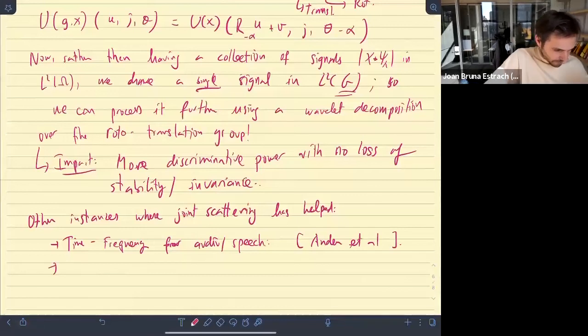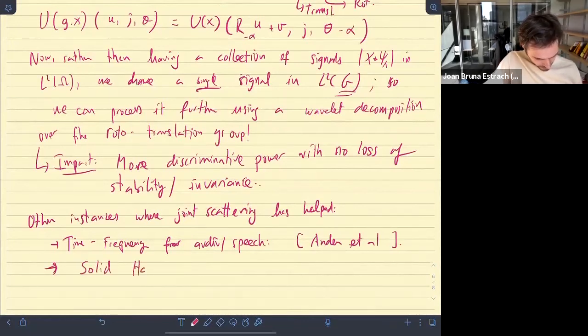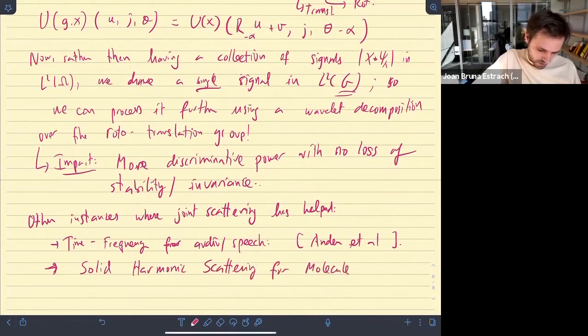And also for rotations in 3D, using a solid harmonic scattering for a molecule. This is Eickenberg.